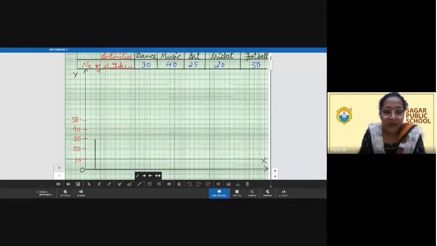Since it's a bar graph, it should be in this way. Okay, one more important thing I need to tell you, that the spacing between the bars should be equal. Okay, this is the first one. So we have created a bar for dance activity. You can shade it like this.